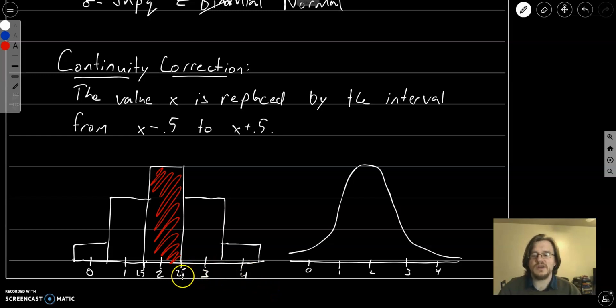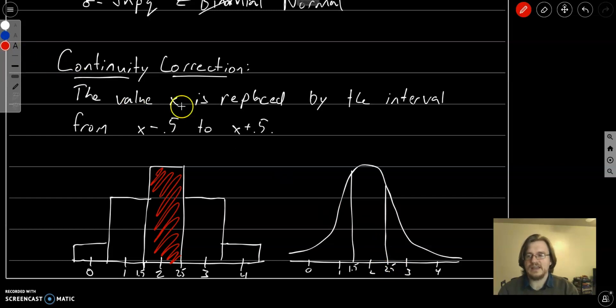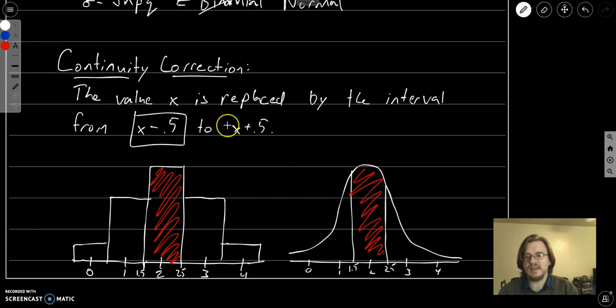So if I were to look for this area in the normal distribution that is roughly approximating this, I want to go from 1.5 up to 2.5 and calculate this area here. This is the approximation, so we have to keep this in mind. If we want a single value in the binomial distribution, it has to be an interval in the continuous normal distribution. So we're going to go from 1/2 below to 1/2 above to represent that number.